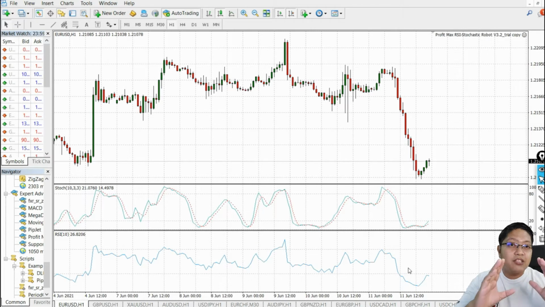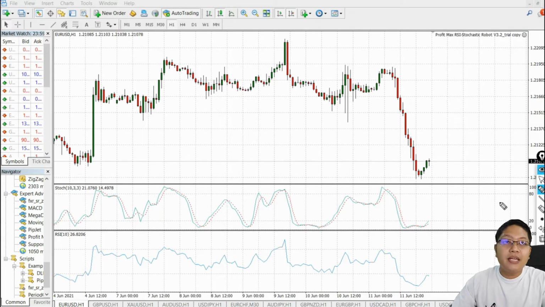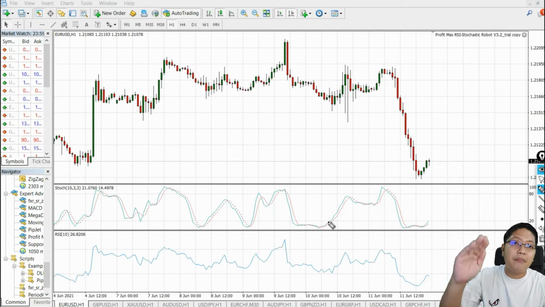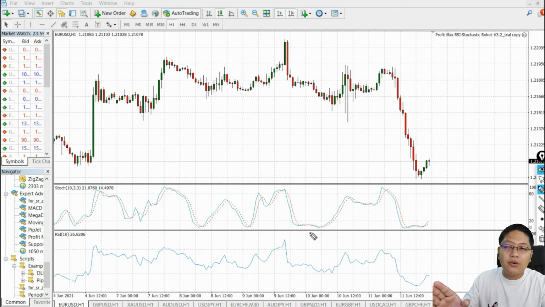So the best entry for RSI and Stochastic Oscillators, guys, let me get my pencil right here. All right, since RSI and Stochastic Oscillators are momentum oscillators, momentum means that the moment it starts to climb up and then starts to go down, you have the best entry. But where's your entry? You can have your overbought or oversold, right?